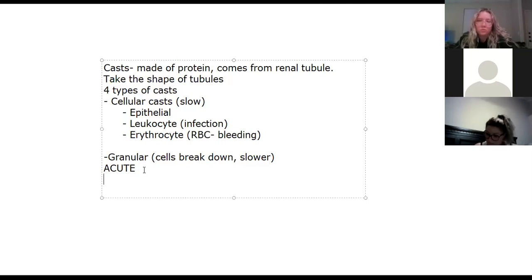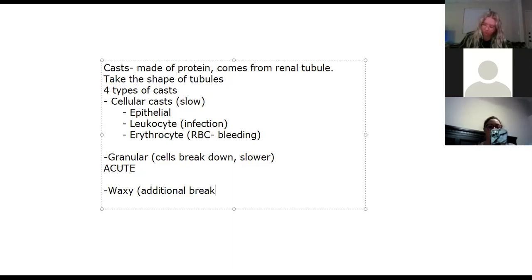Next up, we have waxy casts. And so waxy casts are going to be additional breakdowns of materials in the renal tubules. And this is going to go into very slow.